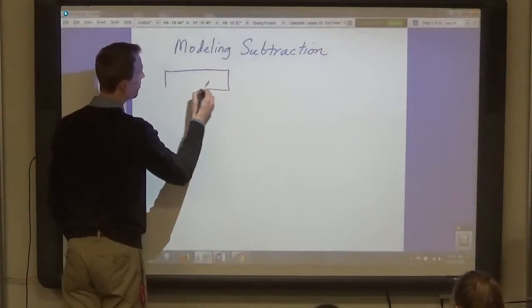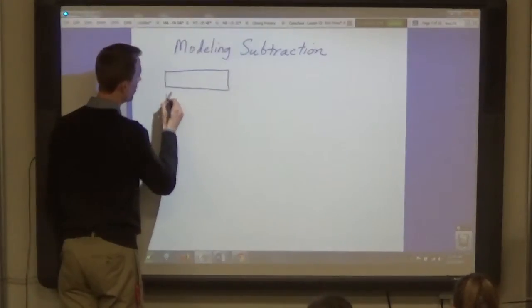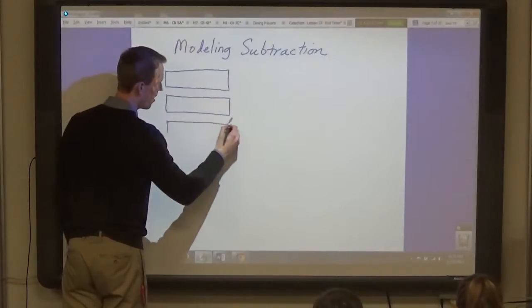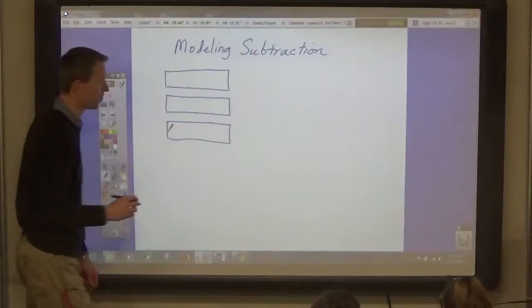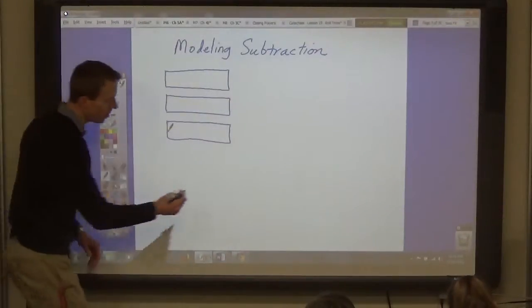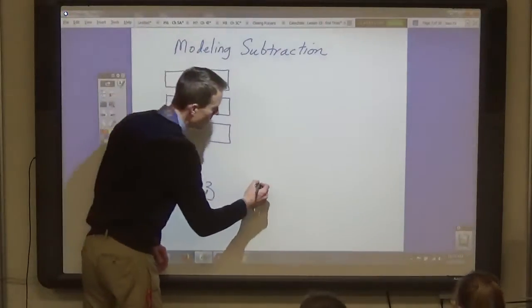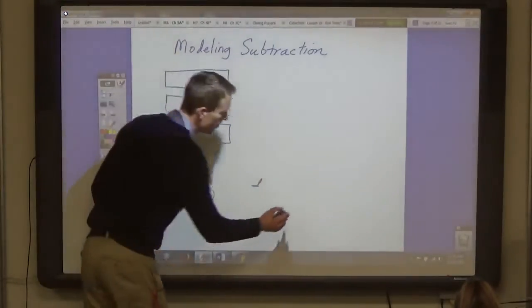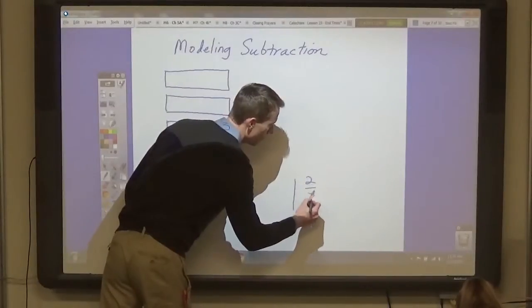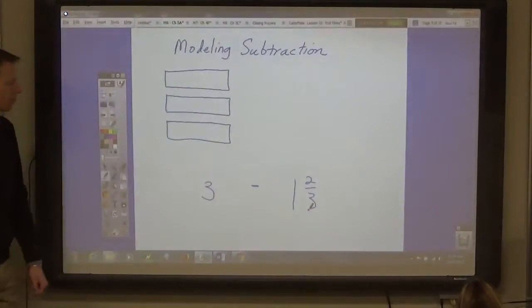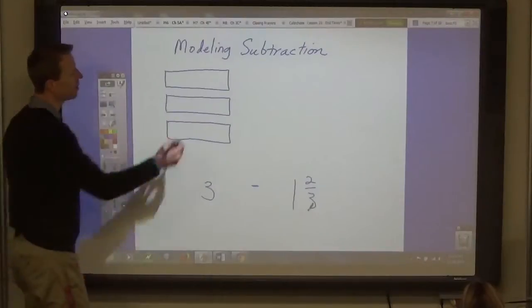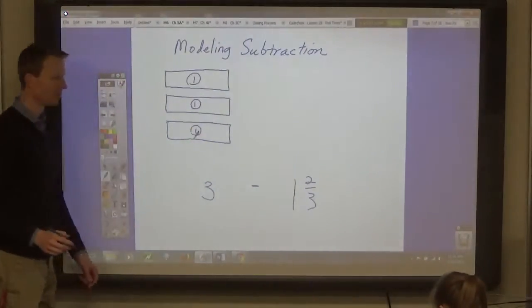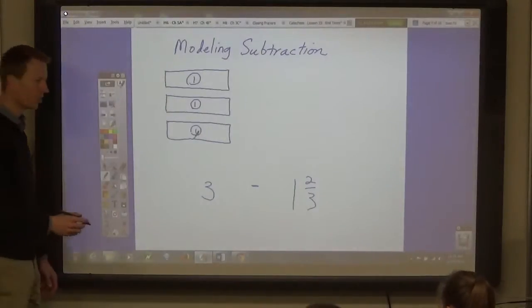So this is what you do. 1, 2, 3. Draw that out. We're going to model the problem 3 minus 1 2/3. So we have 3 wholes. 1, 2, 3. Okay. So draw that out.